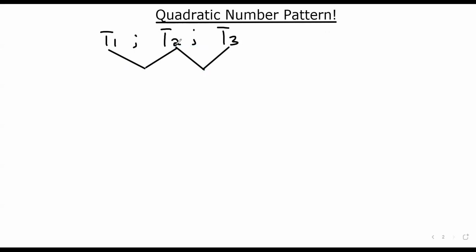They said, if you say term number 2 minus term number 1, you get a 3. But if you say term number 3 minus term number 2, you get 7, right? And what we know about a quadratic pattern is that it's characterized by a second constant difference. So 7 minus 3, you get a 4.